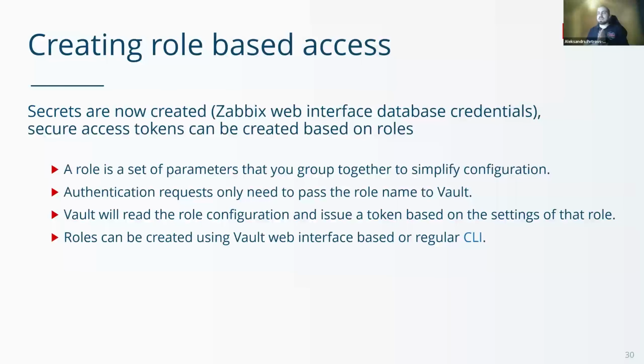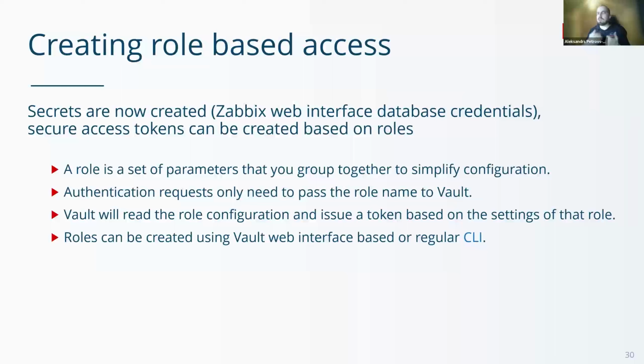So, okay, now we have secrets, we have engine secrets. We now need to give access to them, right? We will not use the root token. And this can be done using the roles. So role is essentially a pre-configured set of permissions, right?